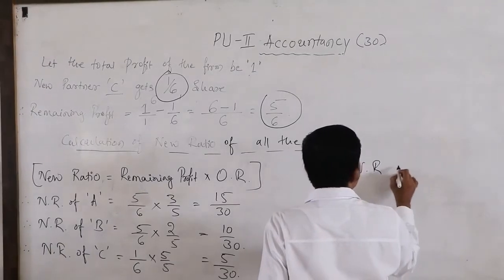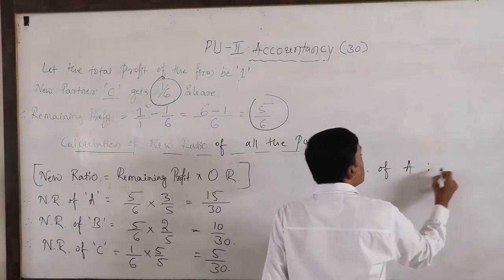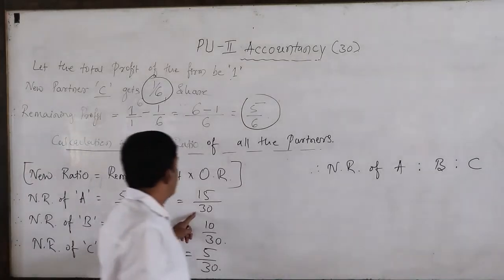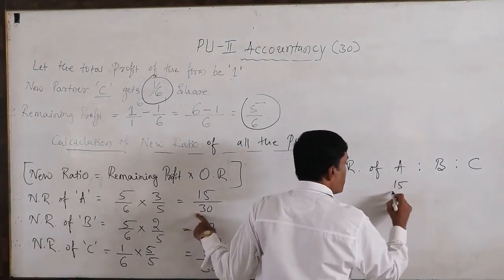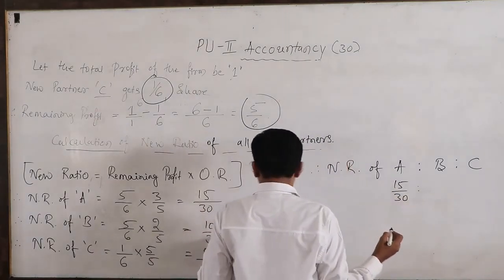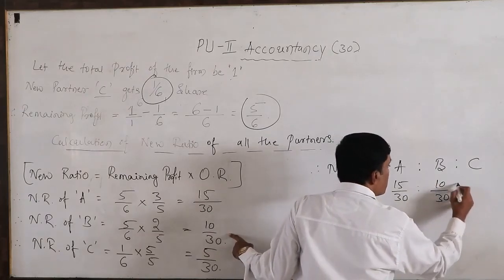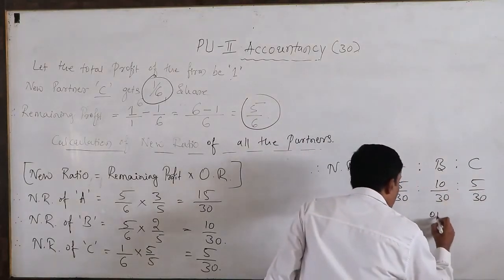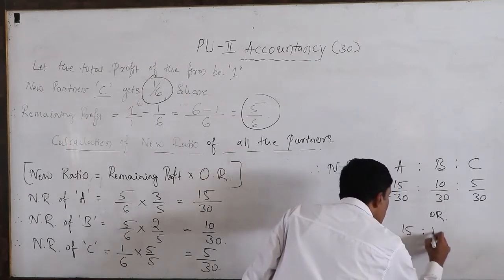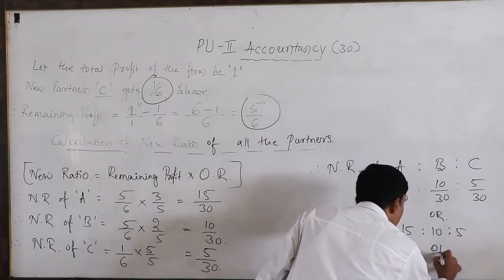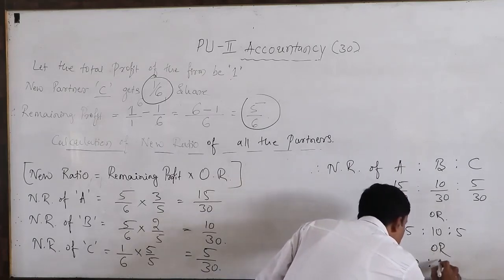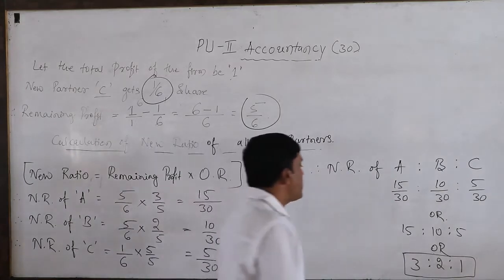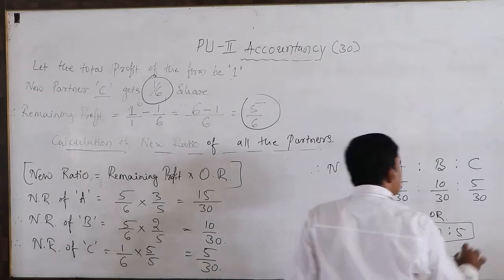Therefore, the new ratio of A is to B is to C. The new ratio of A is 15 by 30, 10 by 30, 5 by 30, or 15 is to 10 is to 5, or you can simplify this: 5 3s are, 5 2s are, 5 1s are. 3 is to 2 is to 1 is also right, or you can say 15 is to 10 is to 5, it is also right.